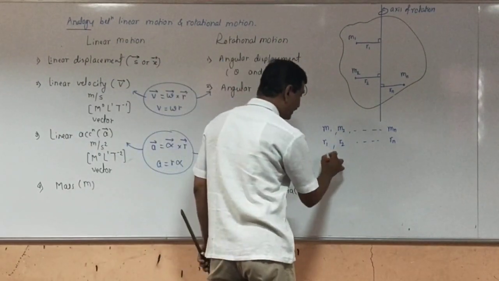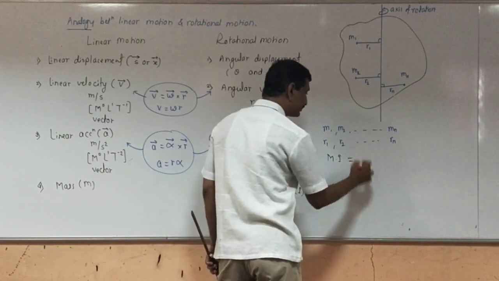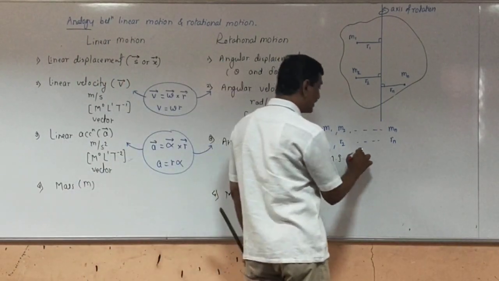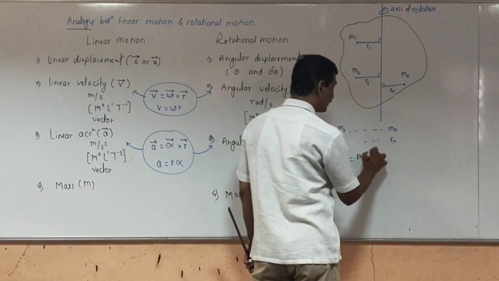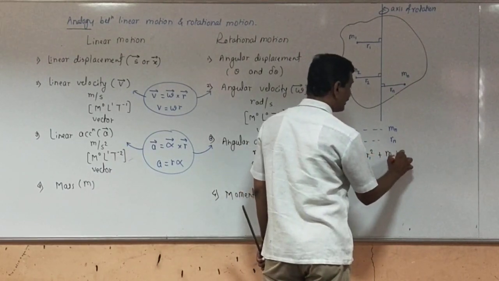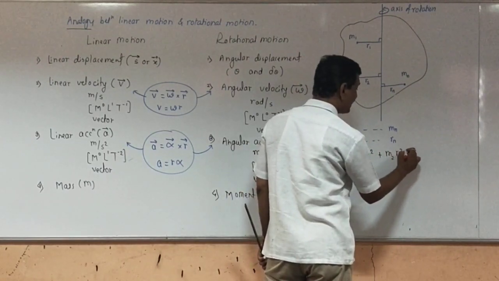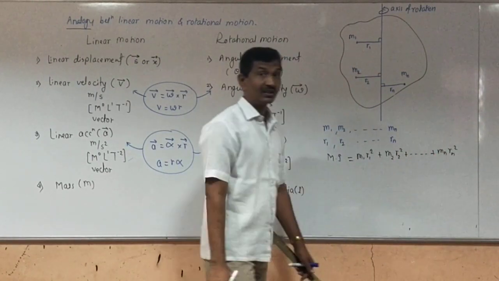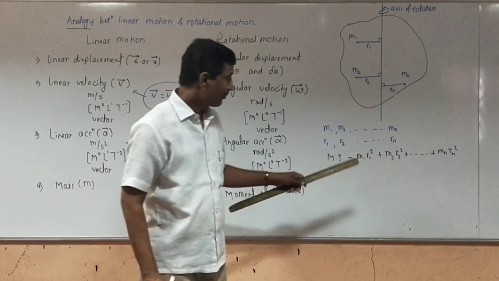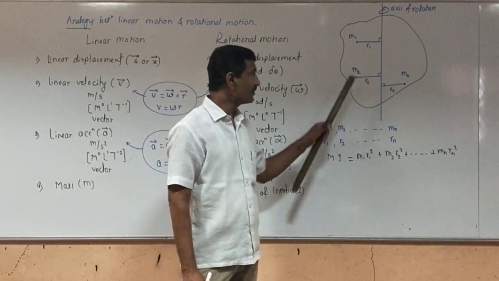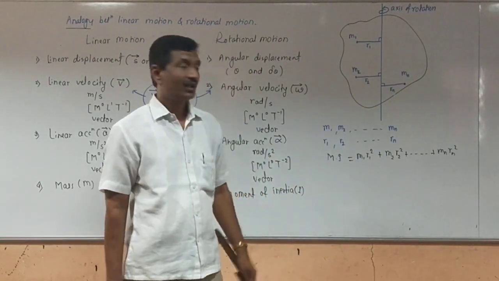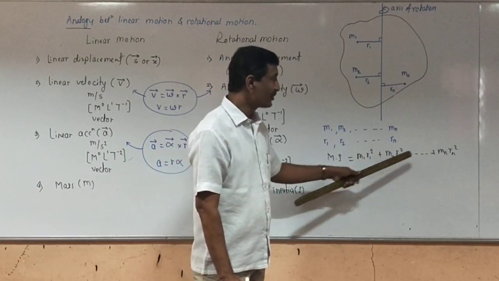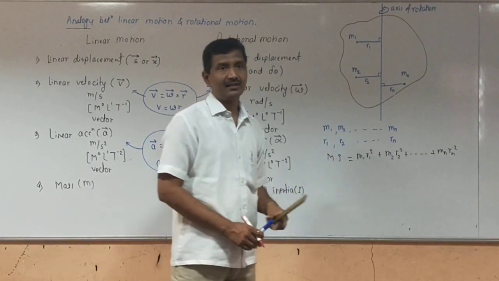The moment of inertia of a rigid body about a given axis of rotation is defined as the algebraic sum of the product of the mass of a particle and the square of its distance from the axis of rotation. That is, moment of inertia is m1 r1 square plus m2 r2 square plus ... mn rn square.